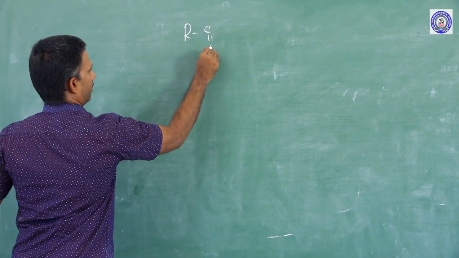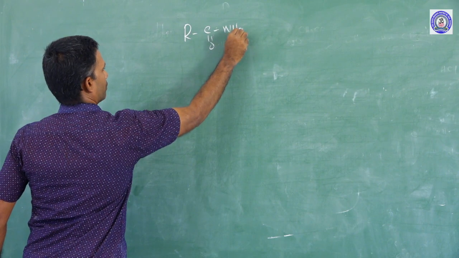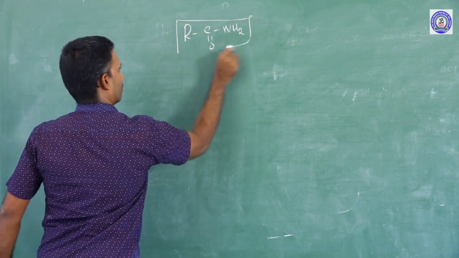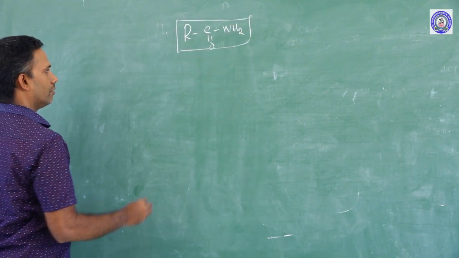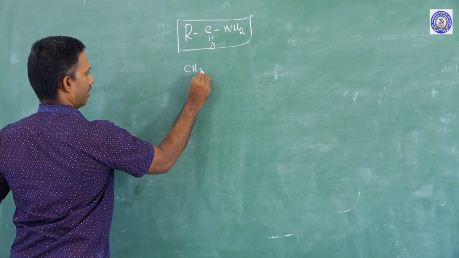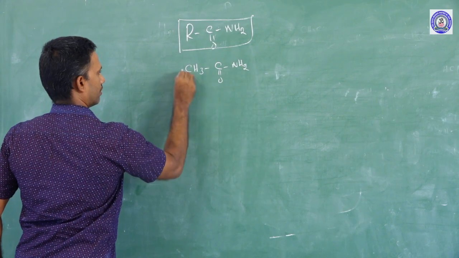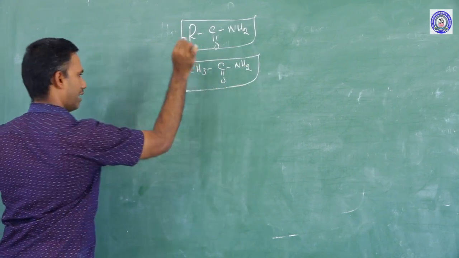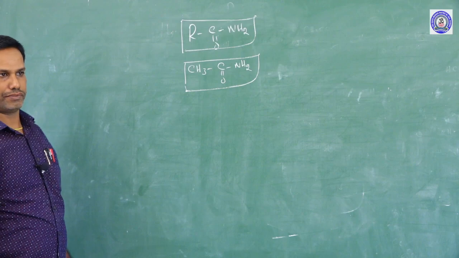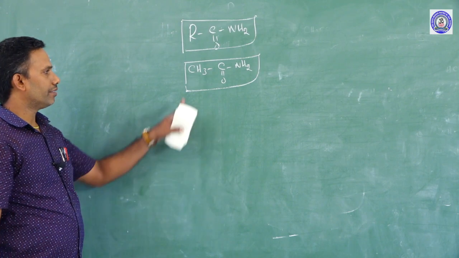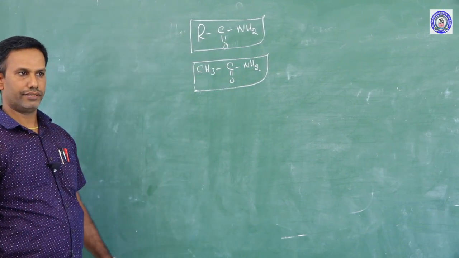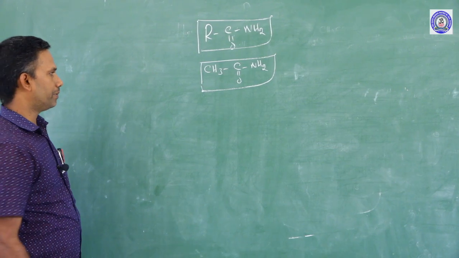General representation of amide. If R is CH3, this is acetamide. The least reactive acid derivative, amide, acetamide. Okay. Let us see how it can be prepared.